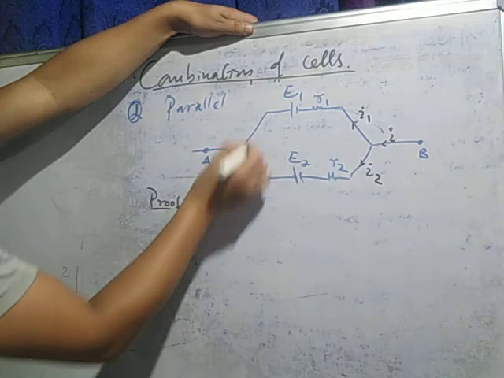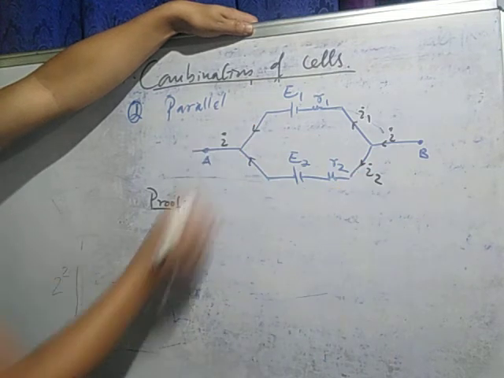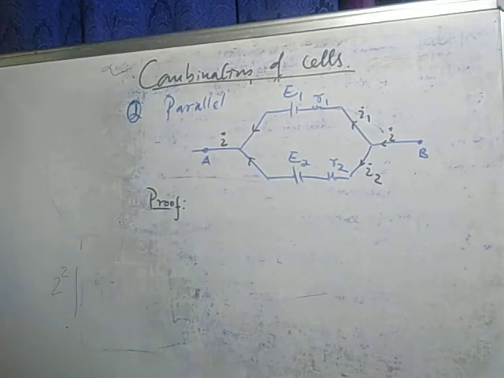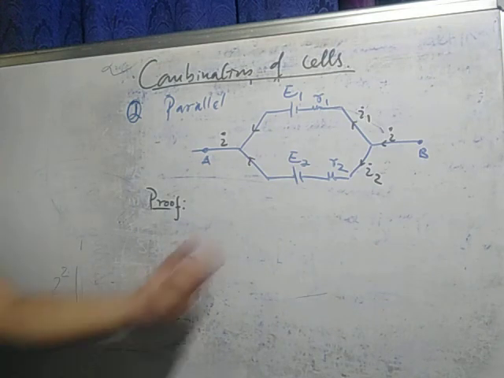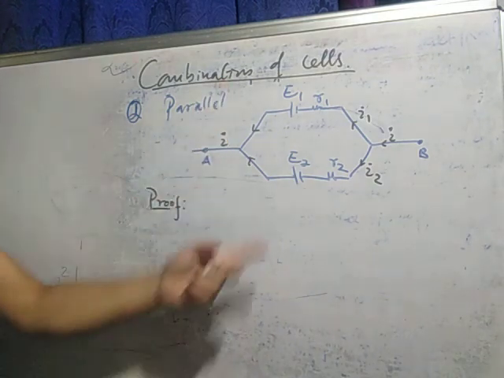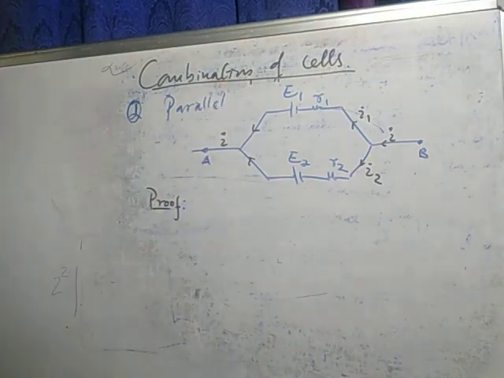Again it comes and goes as I, isn't it? You know the junction rule. So before studying this combination of cells, you should know Kirchhoff's rule. Clear? So here I have now applied it.